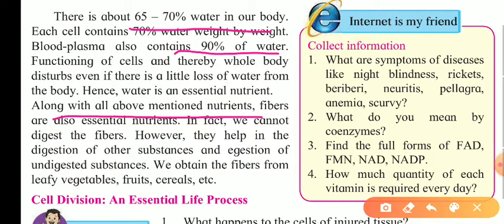Along with all the above mentioned nutrients, fibers are also essential nutrients. We cannot digest the fibers; however, they help in the digestion of other substances and undigested substances. We obtain fibers from leafy vegetables, fruits, cereals, etc.